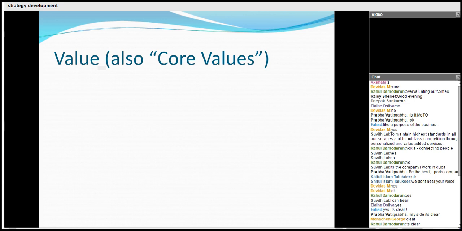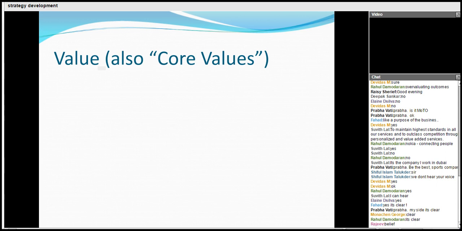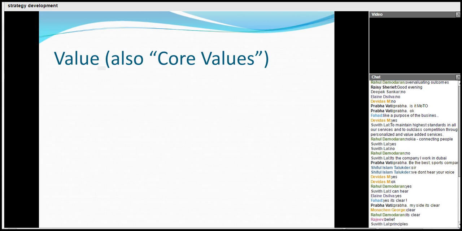Now, what are values? Can somebody tell us what values are? Yeah, Rajiv says values are beliefs. Okay, belief. What again? Principles. Okay.